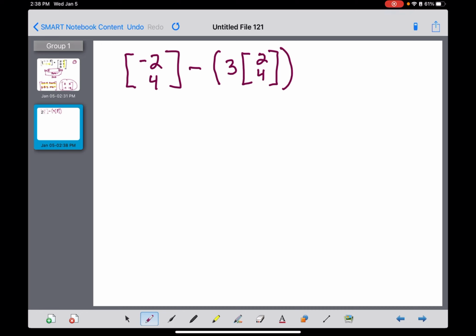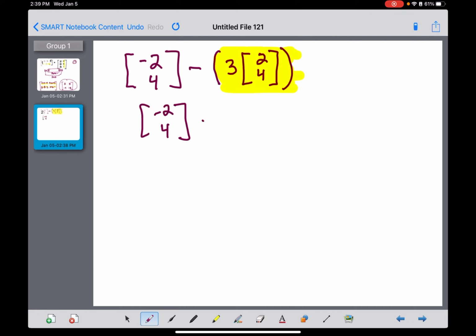We're doing multiple things. When you're doing these, you've got to think about them just as if they were X's and Y's. What would you do first? If you've got parentheses, order of operations says that we do parentheses first. So the first thing we have to do is figure out what we have inside of these parentheses. I'm not doing anything with the matrix 2, 4.